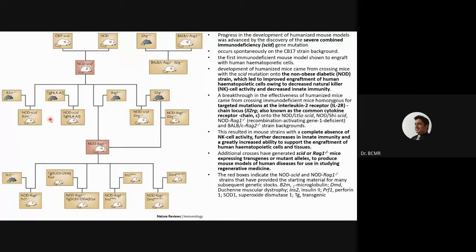The majority of them are involved in immune responses. This is basically the base onto which we can include the human cells, and then develop disease models and screen for drugs or strategies that are effective.